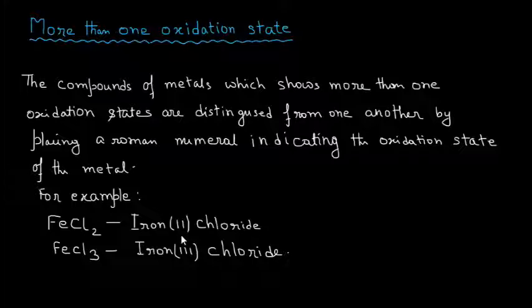Here the oxidation state of iron is 2, so we have written 2 as a Roman numeral here. And in the second case, FeCl3, the oxidation state of iron is 3, so Roman numeral 3 is written here. In this way, we represent more than one oxidation state.